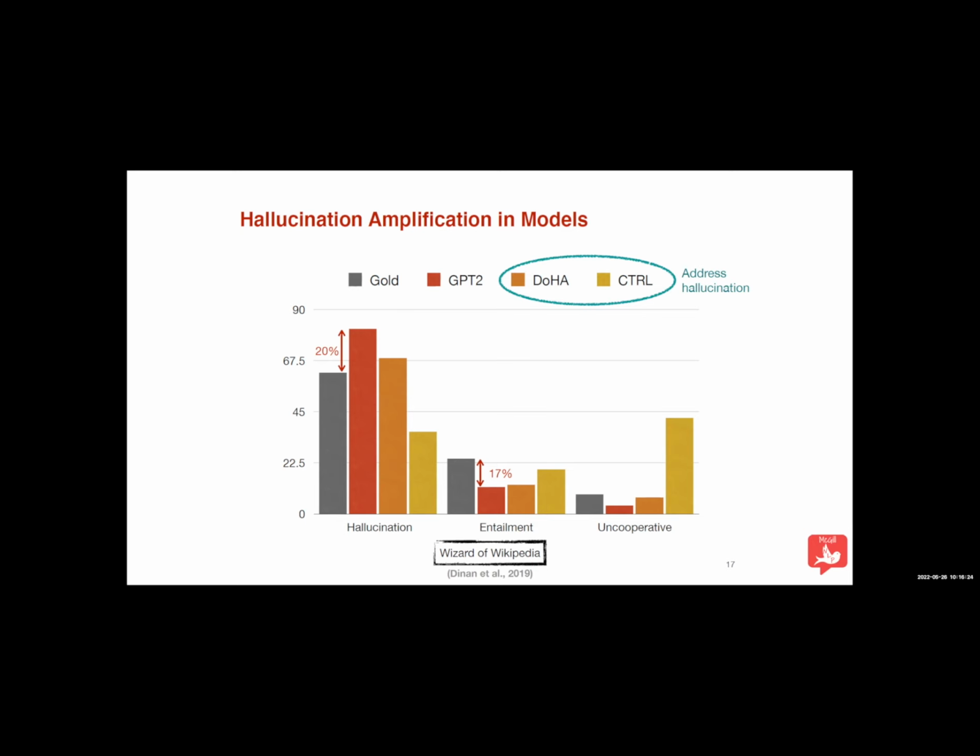If you take CTRL or DoHA, they are not as bad as GPT-2, but you still see in this particular case that DoHA still amplifies to some extent. And if you take a model like CTRL, it actually decreases hallucinations, but at the cost of uncooperativeness. If you see it towards the extreme end, there will be grounded responses, but these are fully uncooperative. It's no use.